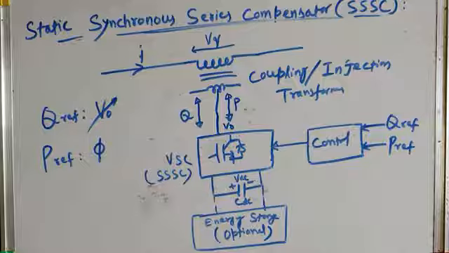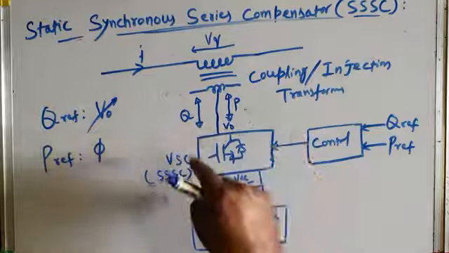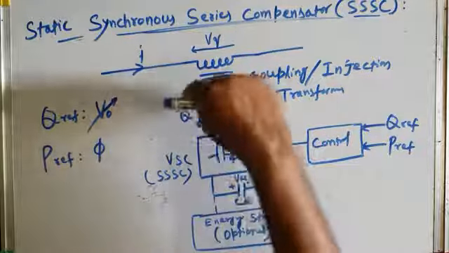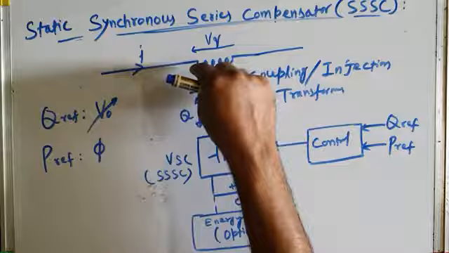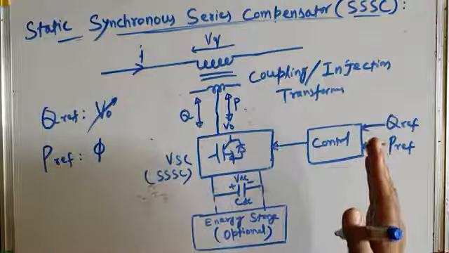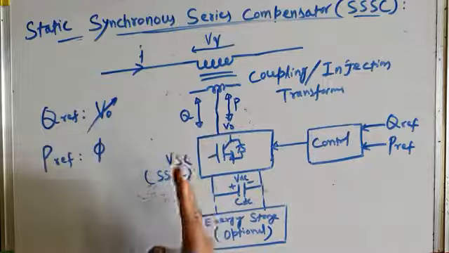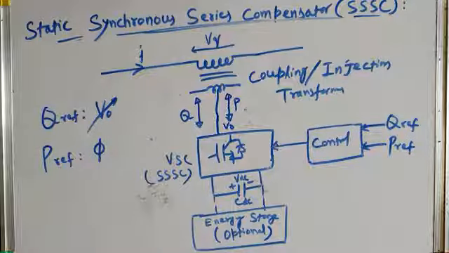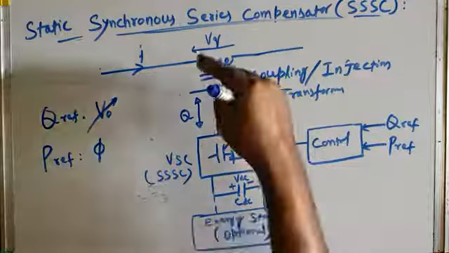As you have studied, a STATCOM actually injects the current, whereas this SSSC injects the voltage. So you can see it injects voltage in series with the transmission line, whereas the STATCOM injects current in parallel with the transmission bus. So that is a shunt compensator, this is a series compensator.